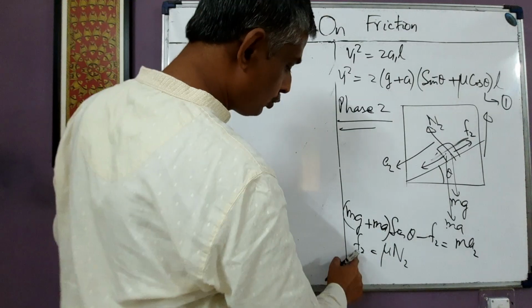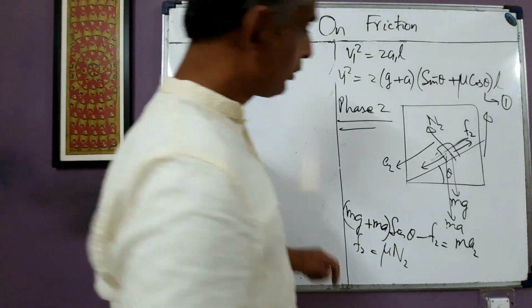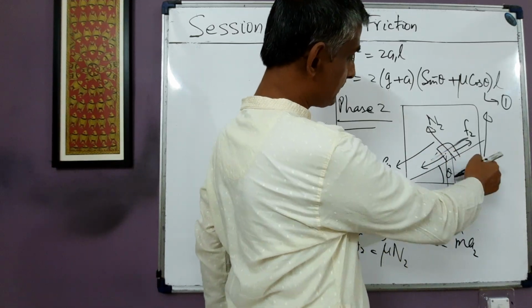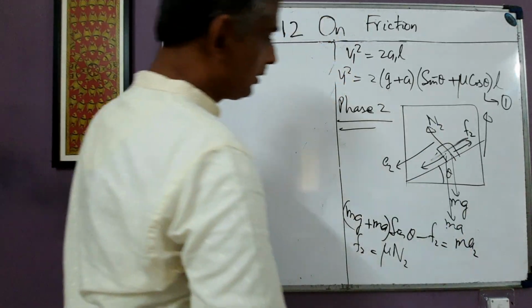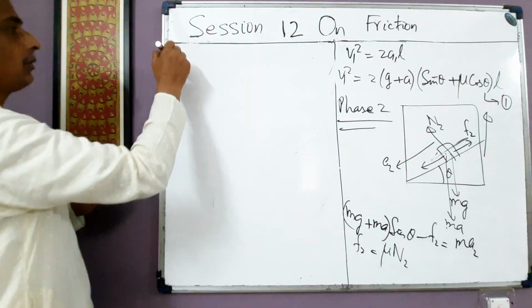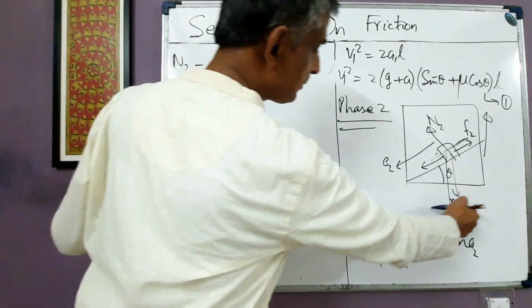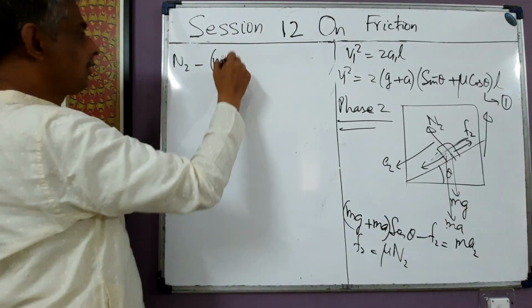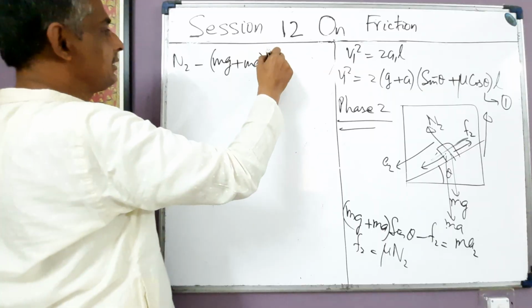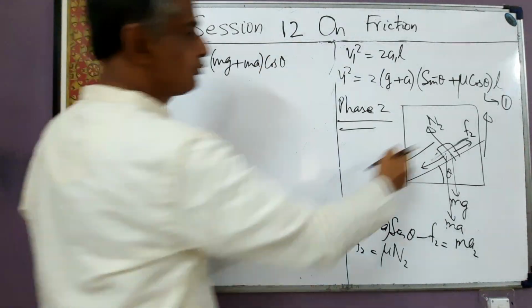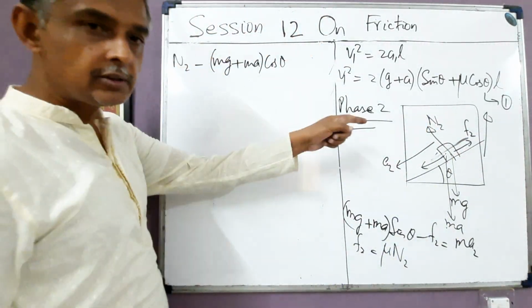So now to know f2 we must know n2. To know n2, what I do, apply Newton's second law to block with respect to elevator in this direction. In this direction, n2 minus mg plus ma cos theta. f2 has no component in this direction because it is at right angles to n2.